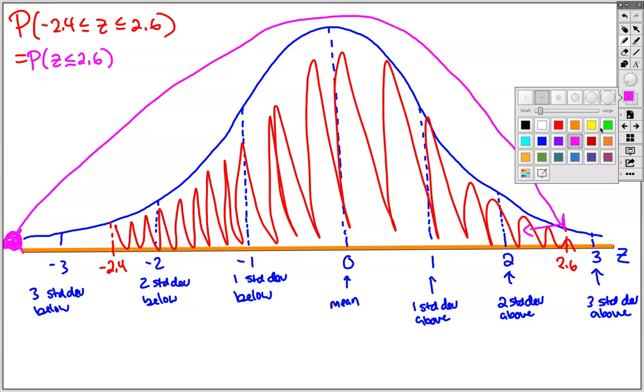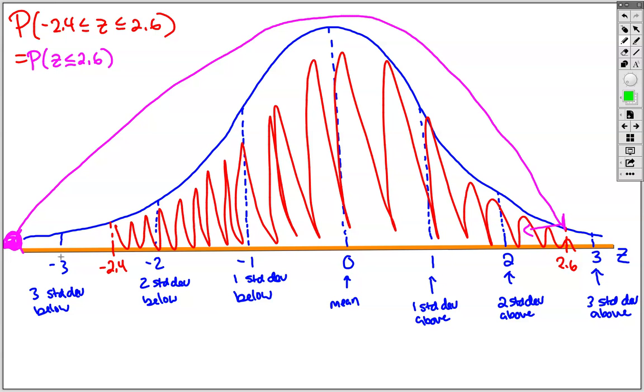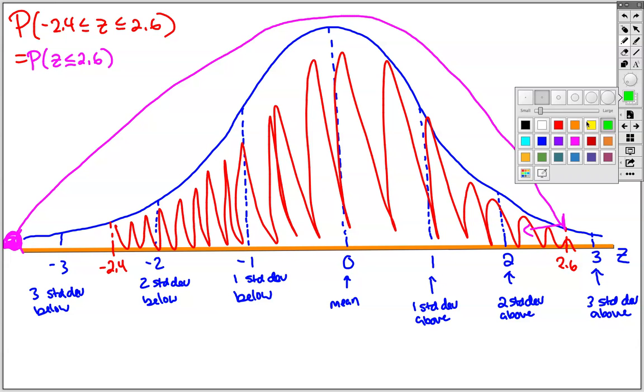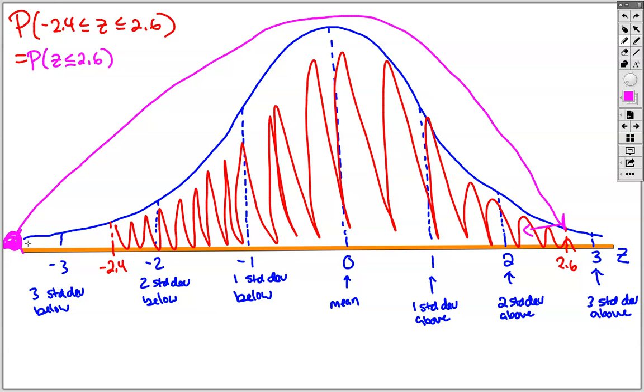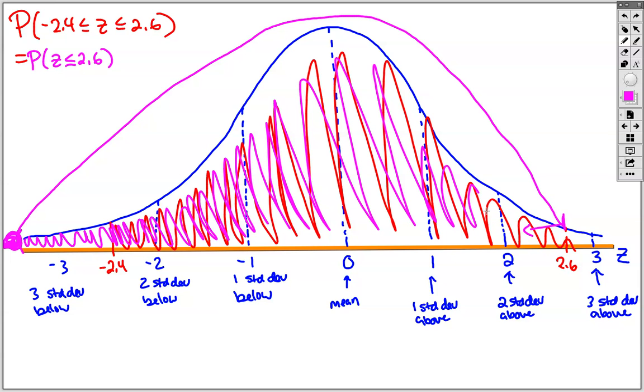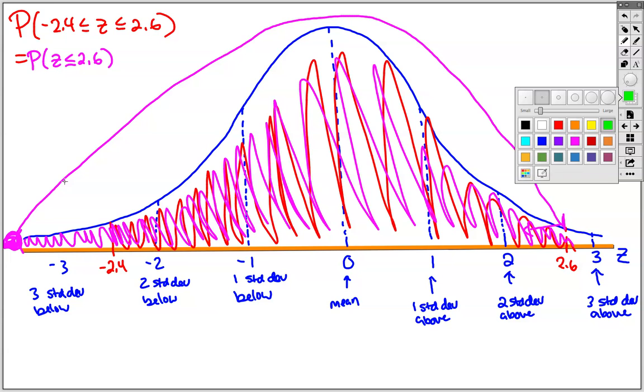Okay, it's that minus, so what is that? I should draw that in. That's all this right here. Minus this bit right here.